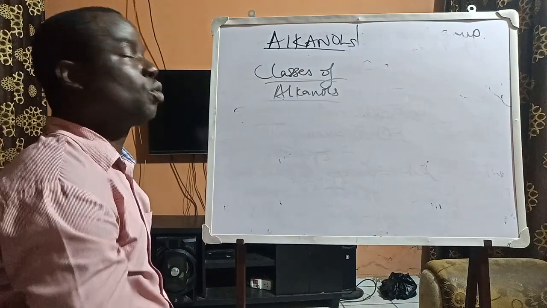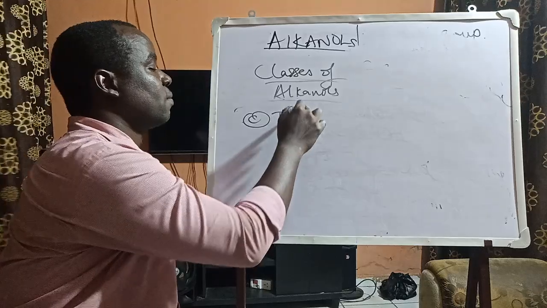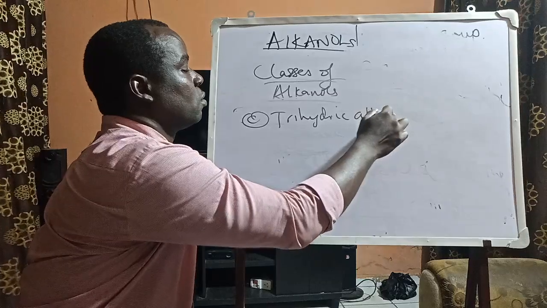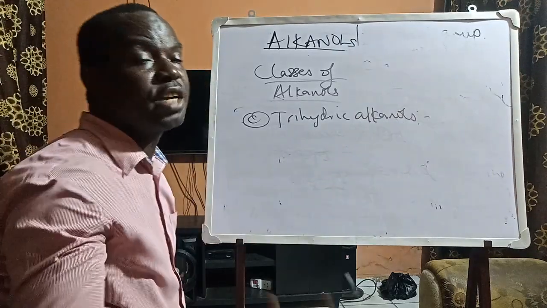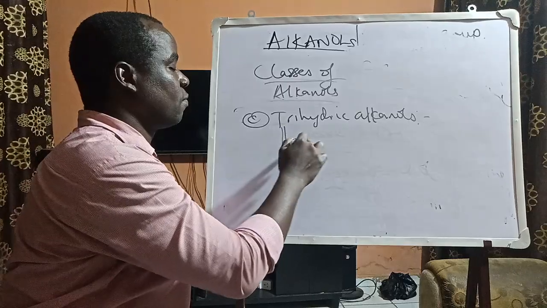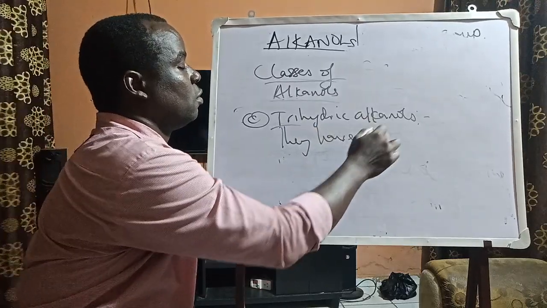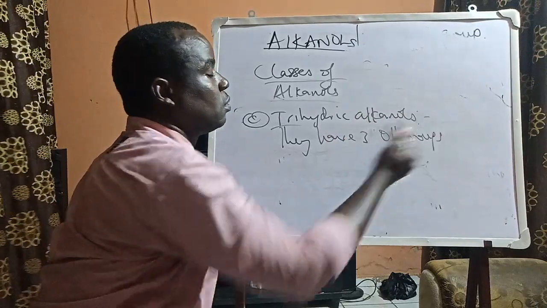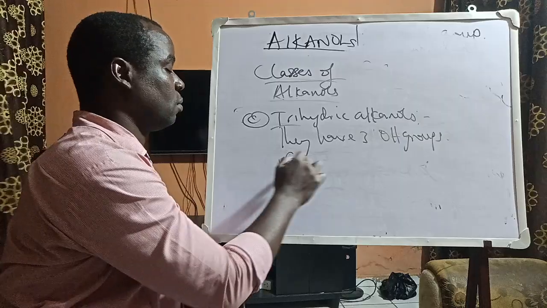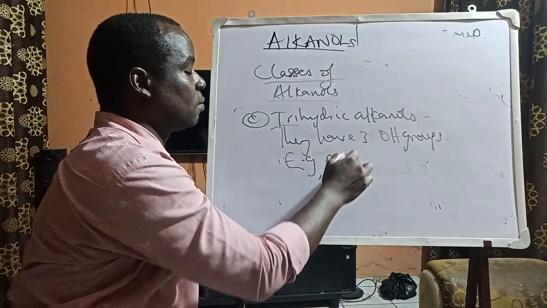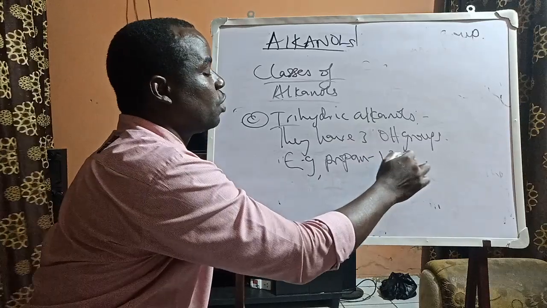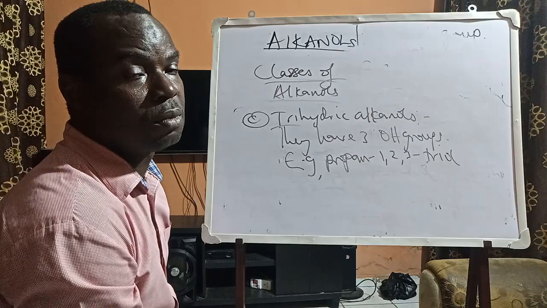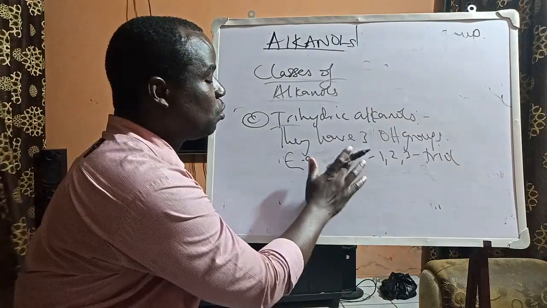Then the third one is trihydric alkanols. Trihydric alkanols have 3 OH groups, e.g. propan 1,2,3-triol, or let us even change it to pentan 1,2,3-triol.